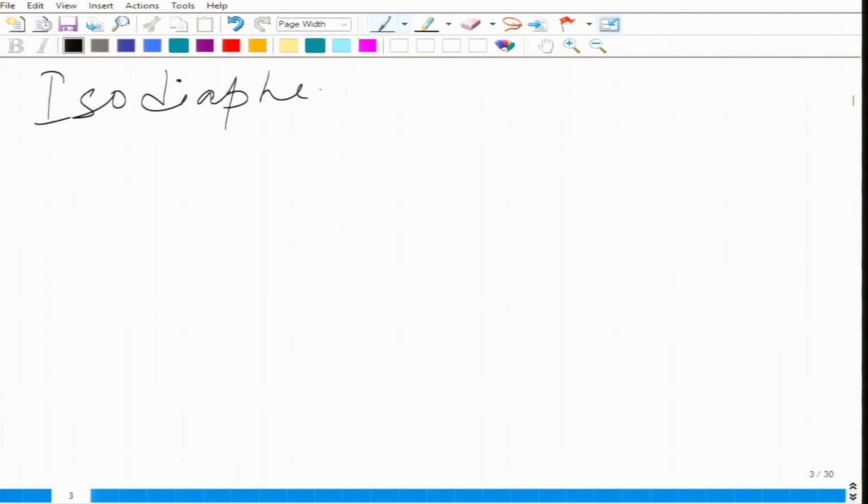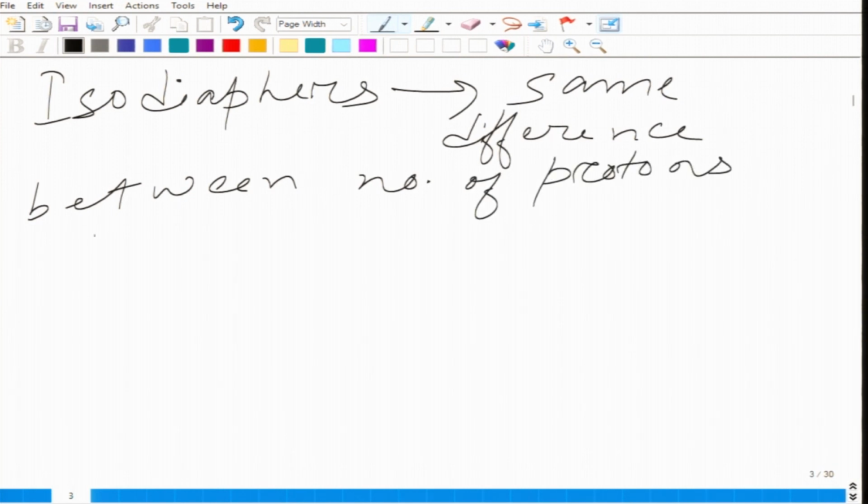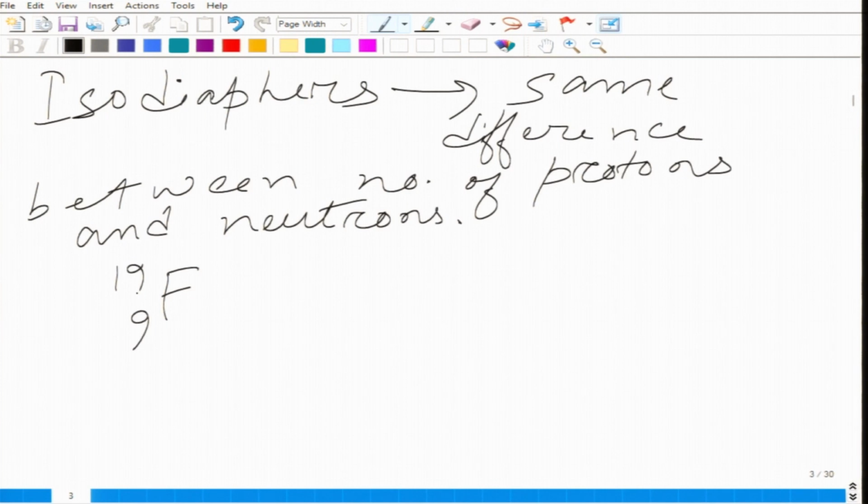Next, we had studied about isodiaphers. What were isodiaphers? That is, the same difference between the numbers of protons and neutrons. So, one example is fluorine with atomic number 9 and mass number 19, and sodium with atomic number 11, mass number 23.